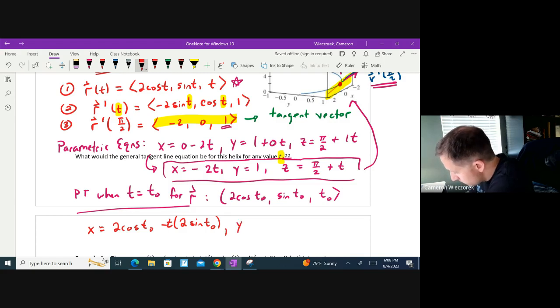Y would be, let's see, y was 1, so 1 plus t times the cosine of t naught. Okay, so t is still a varying parameter. T naught is a fixed value, just to clarify.